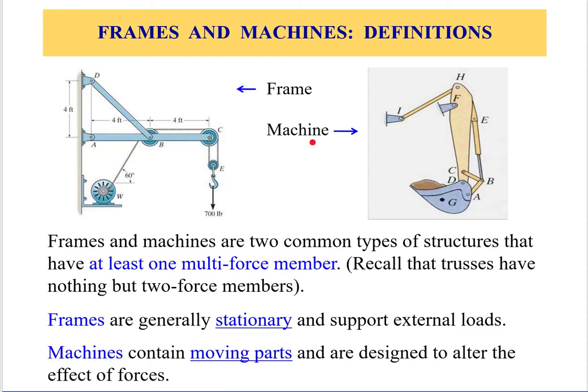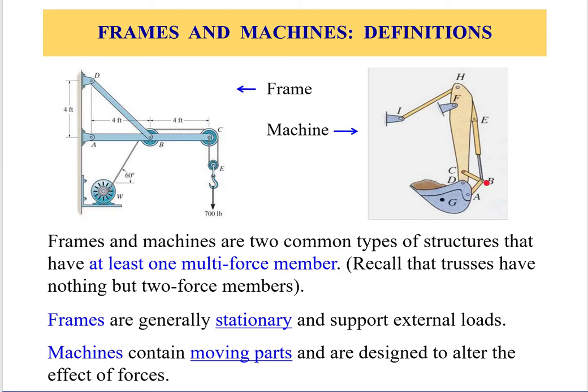A similar example is a machine. This is a machine. As you can see, it can change its configuration, and so it has moving parts. And for this moving part, as an example, you can see that member HD has some external forces at F and C. However, I and H is a simple beam, under compression or tension.